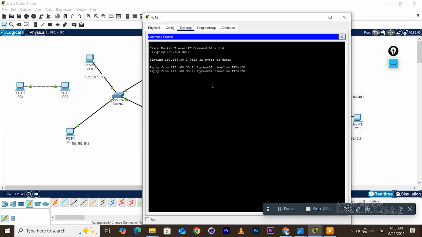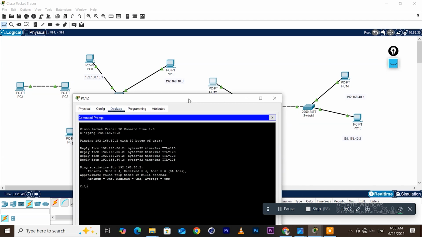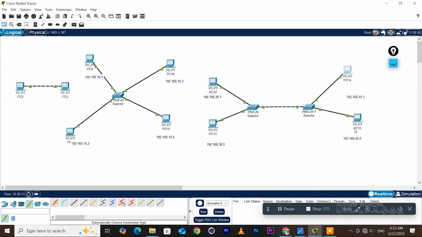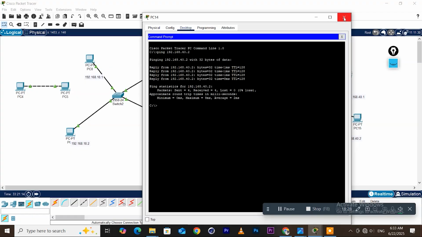Okay, so this PC can ping this particular PC. Let's see if this PC can also ping this PC. You come here, you say ping 192.168.40.2. Is it pinging? Yes, it can successfully ping and communicate.